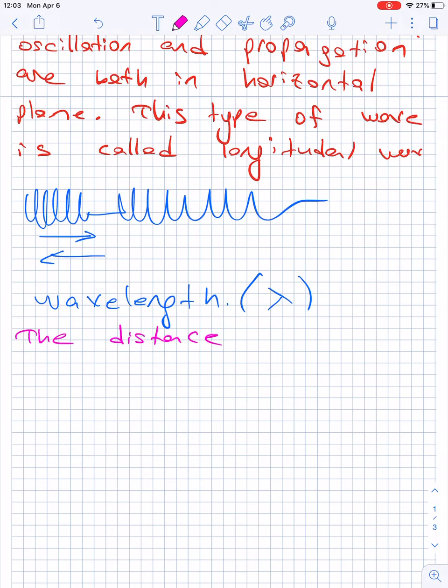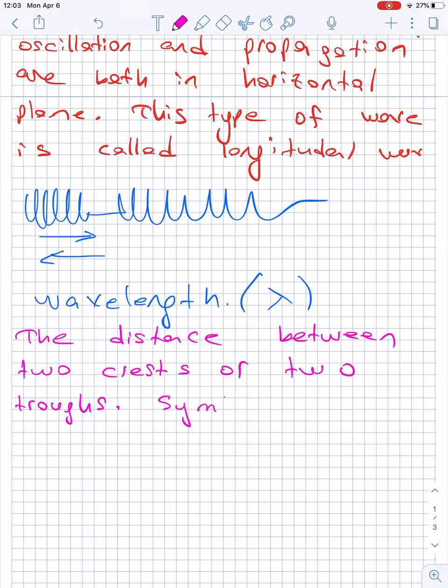The distance between two crests or two troughs. Symbol is lambda.